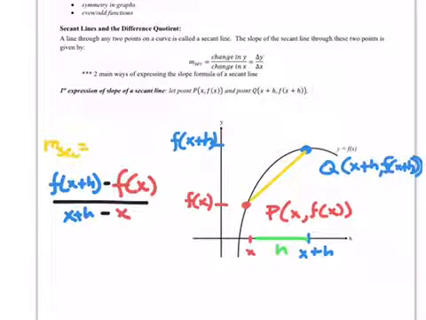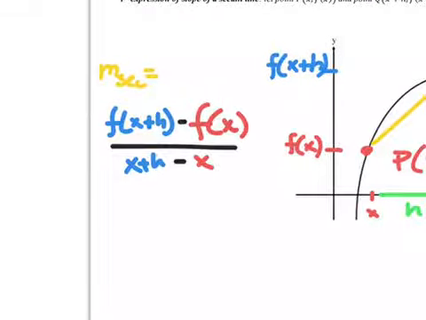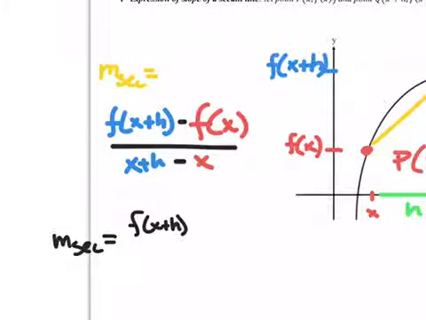And what we end up getting is that the slope of the secant line is equal to f of x plus h minus f of x all over h.